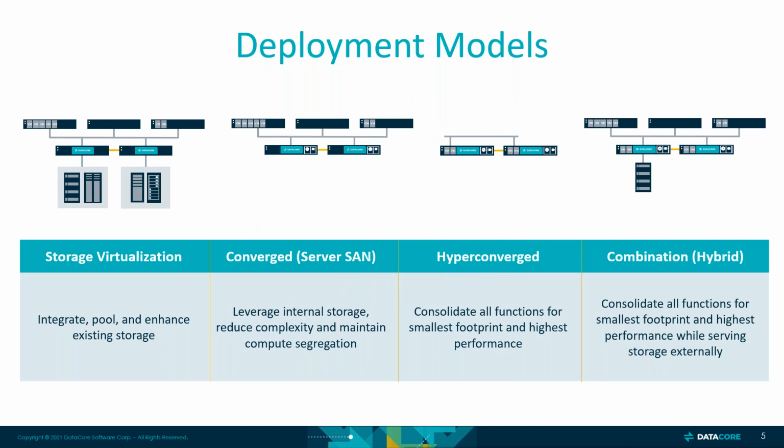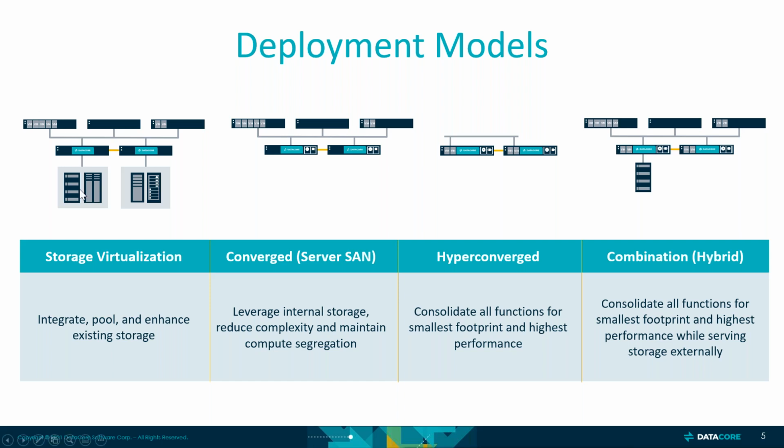One of the really cool aspects of the DataCore software line is its ability to basically morph between these different models. The most recognized scenario for DataCore has been where the software sits as a layer above existing SANs, existing array controllers, let's say from Dell, Pure, IBM, Hitachi, any of those suppliers.